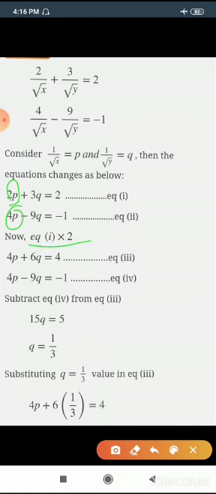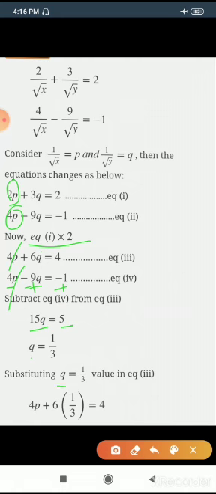Then 4p plus 6q is equal to 4, and write the second equation as it is, 4p minus 9q is equal to minus 1. By subtracting, the signs will change. So 4p minus 4p got cancelled. 6q plus 9q is 15q. 4 plus 1 is 5. So q is equal to 1 by 3.